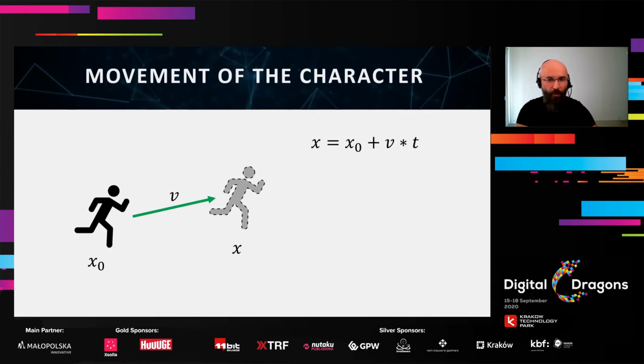So here I have the position of the character x0, a velocity v, and time t, which is the time of prediction I want to have in the future, and x will be my predicted position of the character in the future. This is a very simple equation, but it gives us a nice prediction of where the character is going to be in the near future.